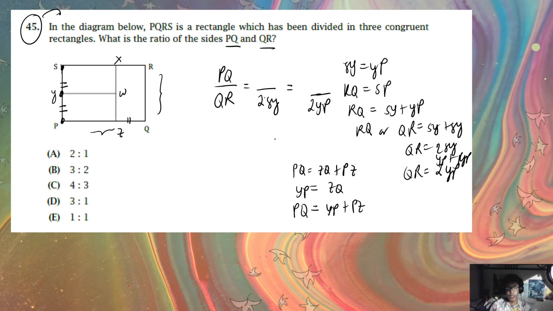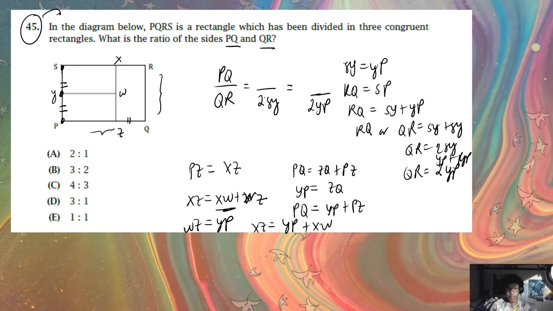Now, PZ is equal to XZ. If PZ is equal to XZ, and we know that XZ is equal to XW plus WZ, and since WZ is equal to YP, XZ is equal to YP plus XW.